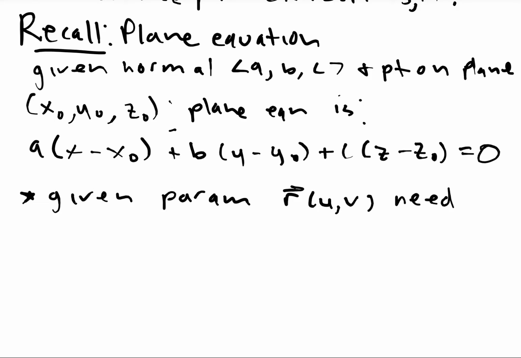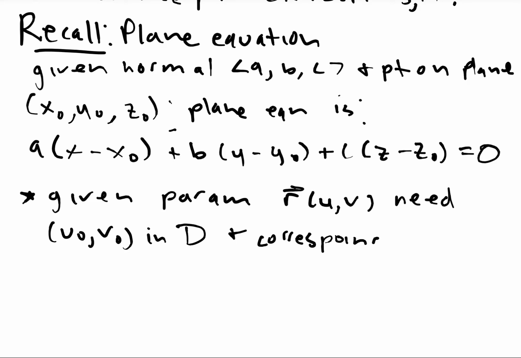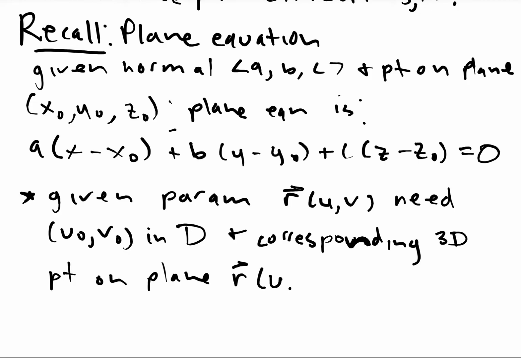Not just the point that is on your plane, but you are going to need to know whatever u naught, v naught in D, and you are also going to need to know your corresponding 3D point on your plane, which is what happens when you plug that in. So just r of u naught, v naught.